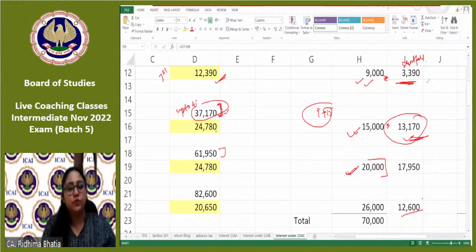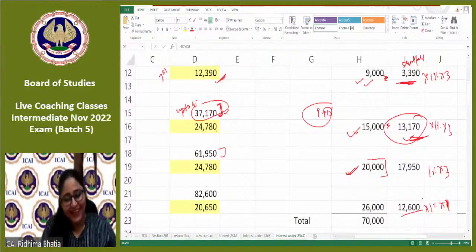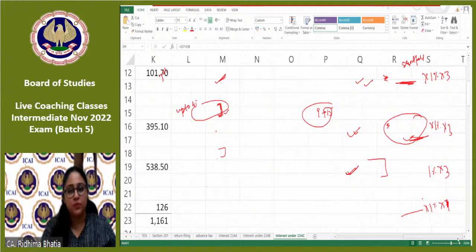Now actual interest would be how much? Shortfall into 1% into 3, into 1% into 3, into 1% into 3, and for the last one, into 1% into 1. Okay, clear? So how much is the interest due which is coming?